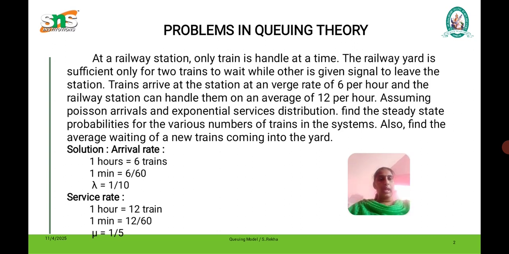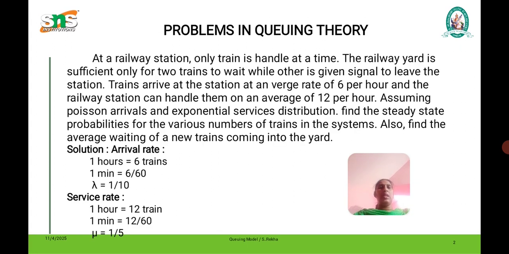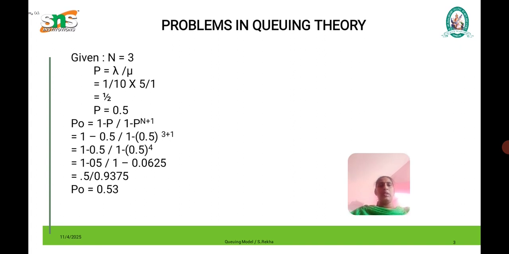If we want to calculate lambda and mu, then we also have to calculate rho. In this problem it is mentioned that 3 trains can be allowed in the yard, that is, they can wait. So rho equal to lambda by mu.